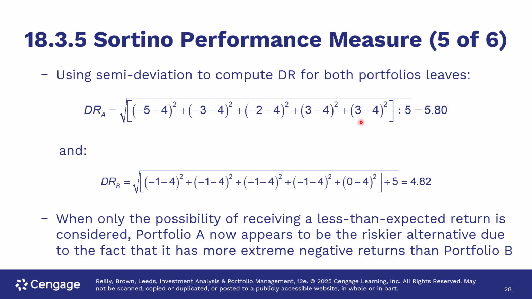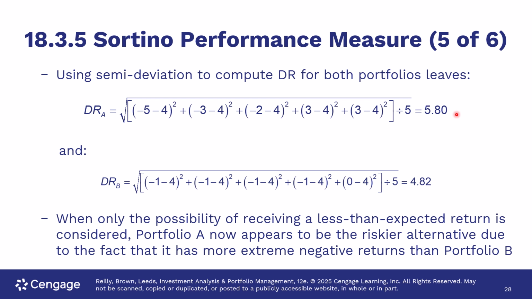So you follow the formula to a T. When you add all these up and you divide by 5, that's the same thing as multiplying all of this by 1/5. You get 5.8. So this is the downside risk measure for fund manager A. Do the same thing for fund manager B and you'll get 4.82. So now it looks like fund manager A presented more risk to their investors than fund manager B when we only include the returns that are less than the average return.